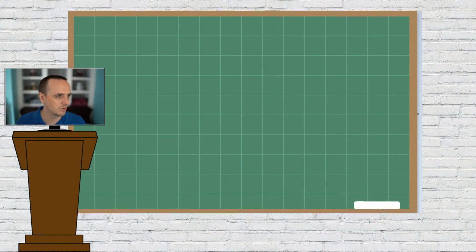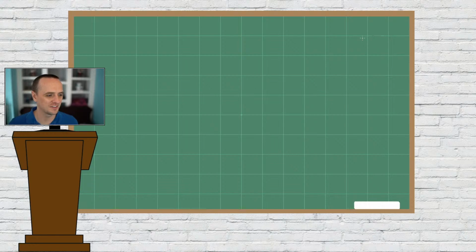Bear with me for one second. I think I can do this. Yes. Now, pray that this works. Hey, it worked. Nice. Okay, I've got a blackboard. It worked. I was kind of nervous about that working.